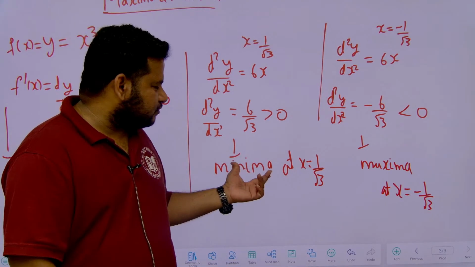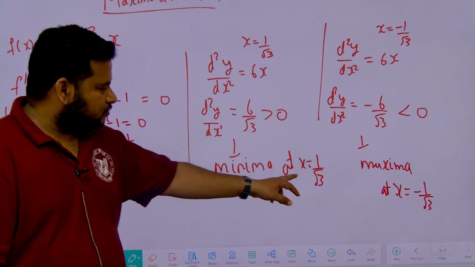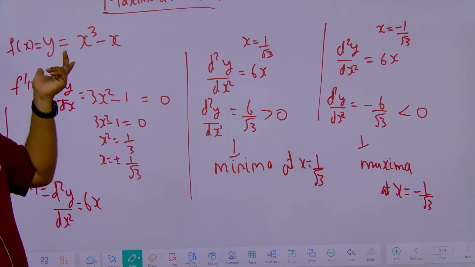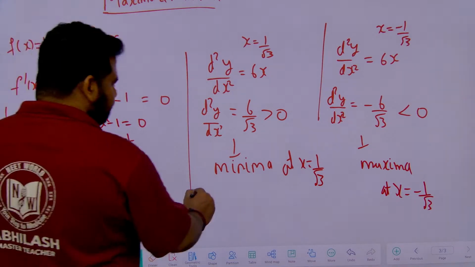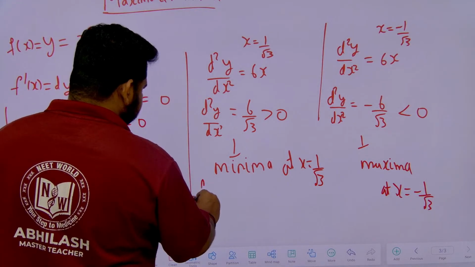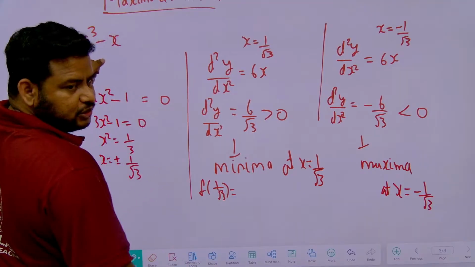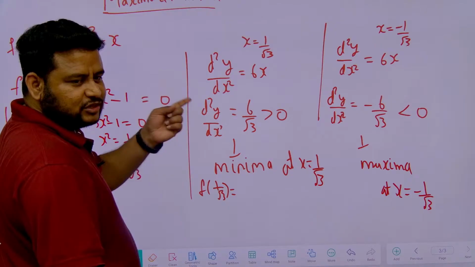Now if they ask what is the minimum value of this function, what you will put, x is equal to 1 by root 3 in the original function. So if I put 1 by root 3, f of 1 by root 3 is nothing but 1 by root 3 whole cube. 1 by root 3 whole cube is, root 3 into root 3 is 3, again root 3 means 3 root 3.